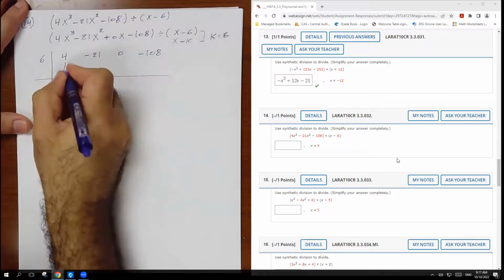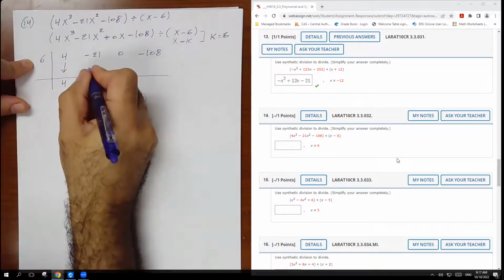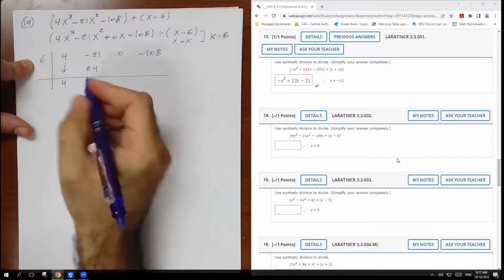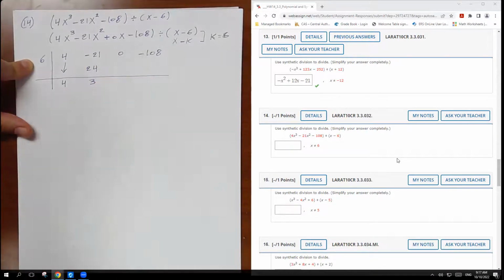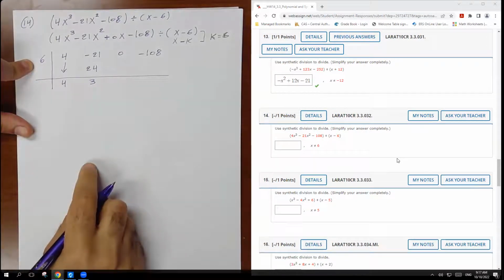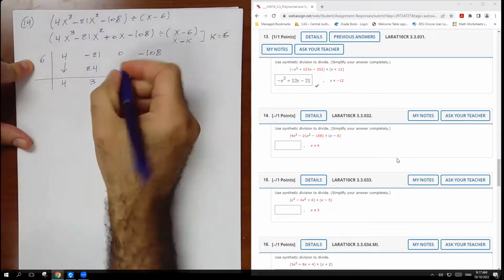Then I'm going to write down the first number, 4. 6 times 4 is going to be 24. Then next step, add these together is going to be 3. 6 times 3 is going to be 18.